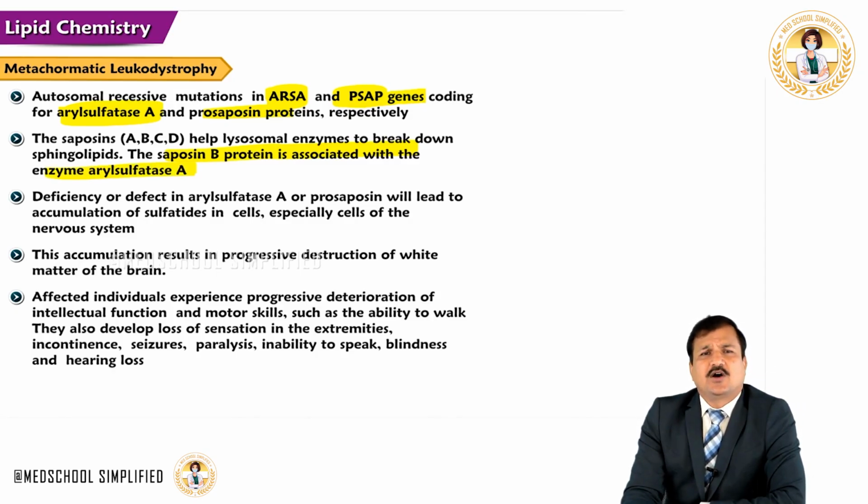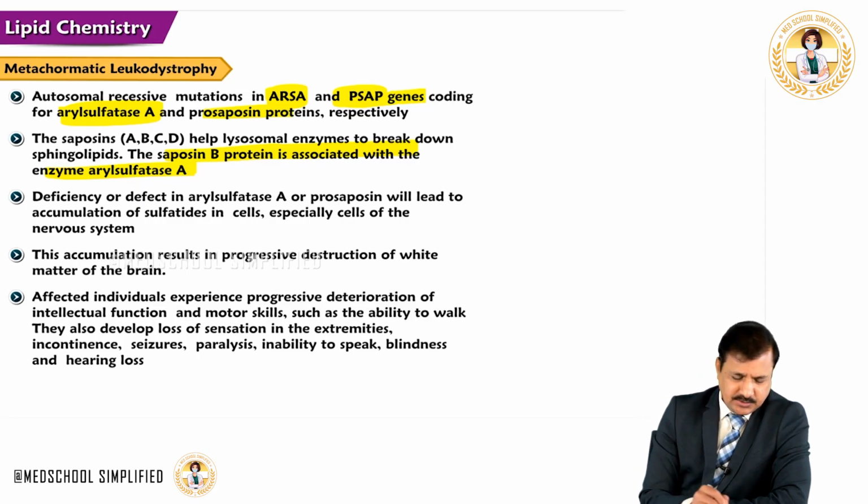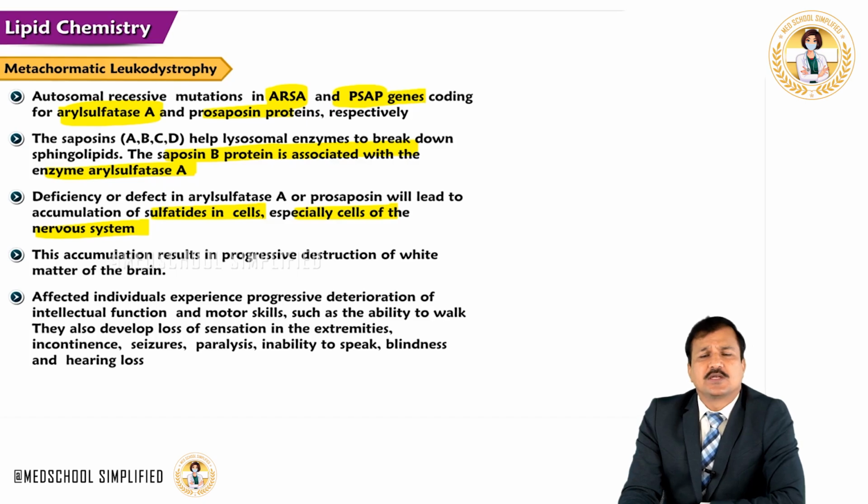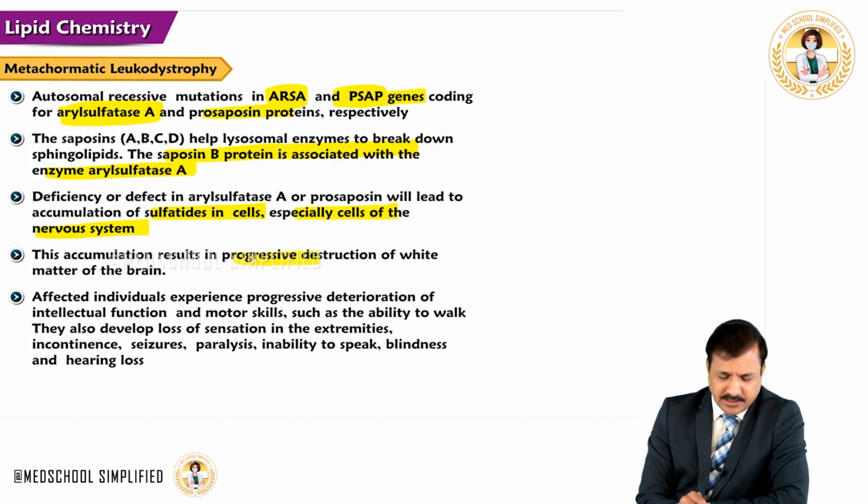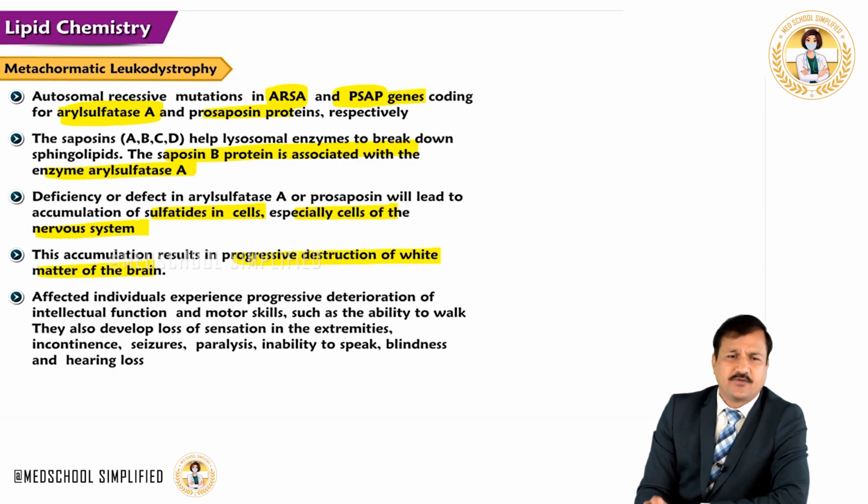So deficiency or defect in aryl sulfatase A or prosaposin will lead to accumulation of sulfatides in the cells, especially the cells of the nervous system. So this accumulation results in progressive destruction of the white matter of the brain. That's where most of the sulfatides are found.